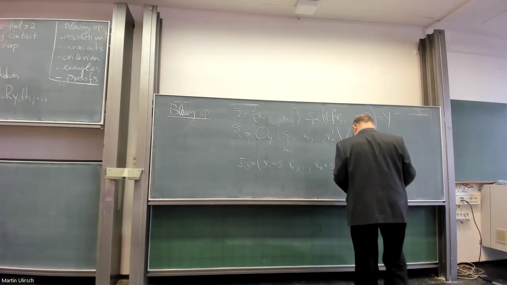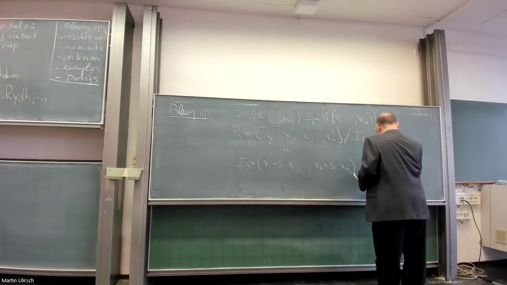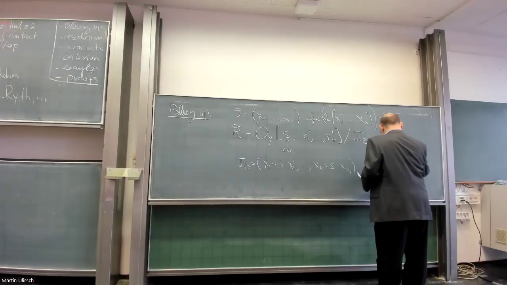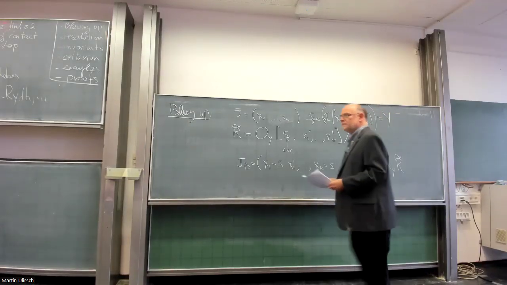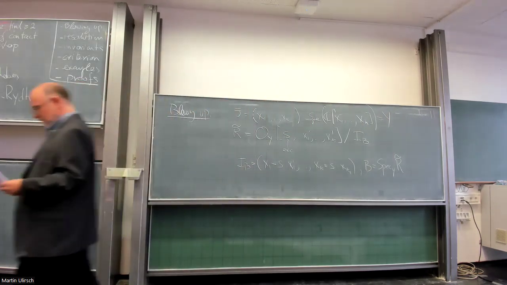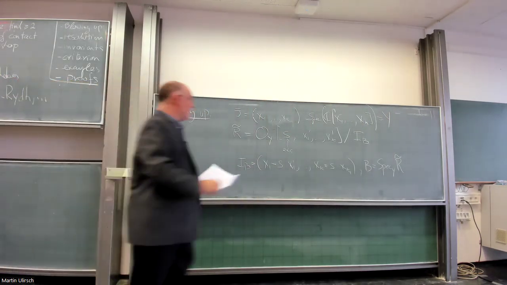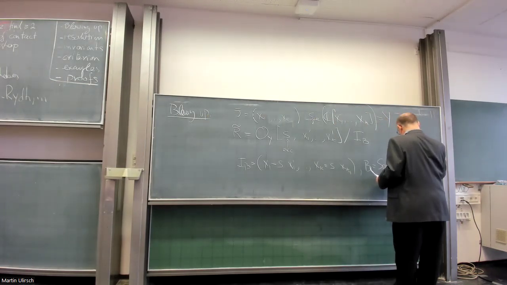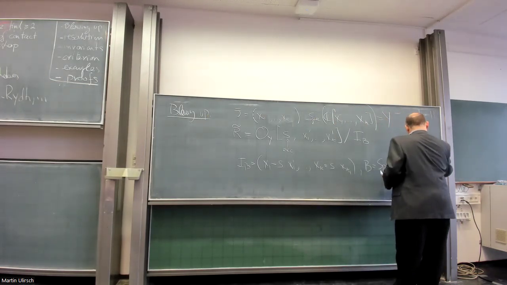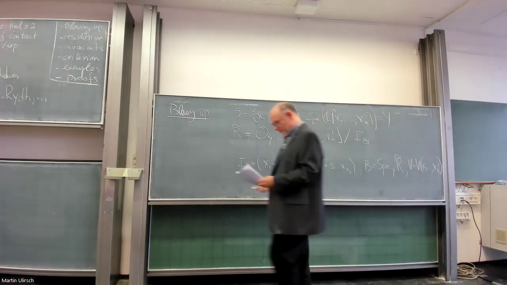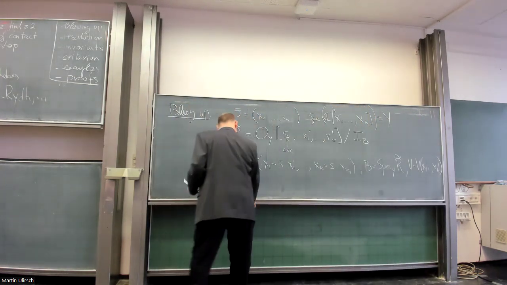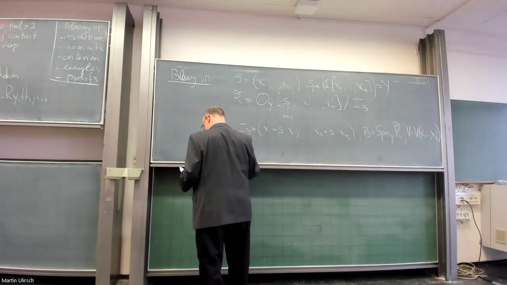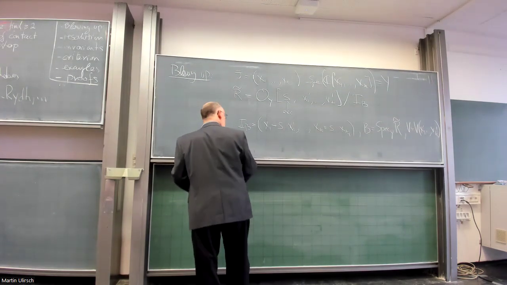It is the deformation to the normal cone, spec over Y of R tilde. And I write V for the vertex of this thing, the vanishing locus of the transformed variables.